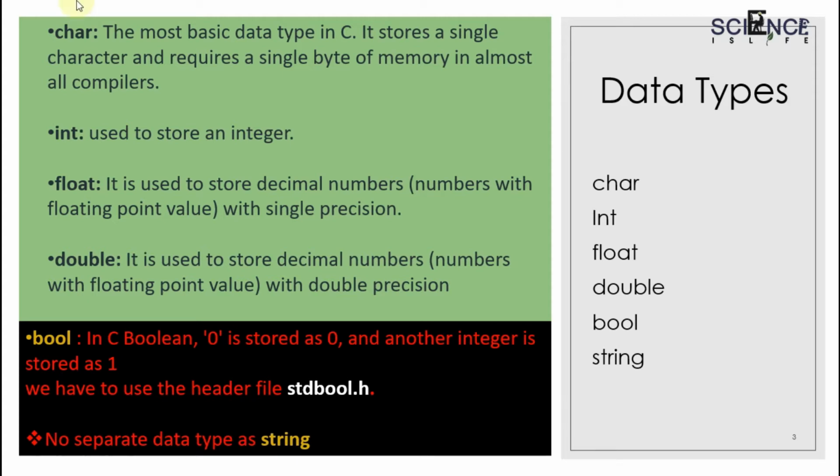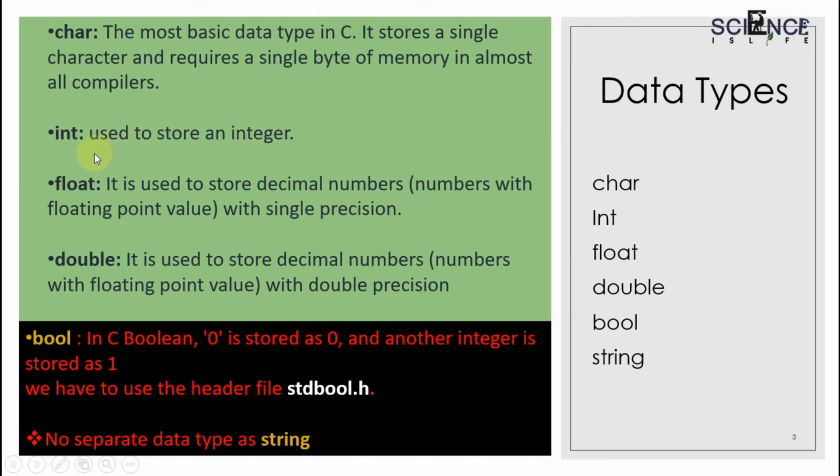In a char data type we can store only a single character. And we use integer to store integer values.